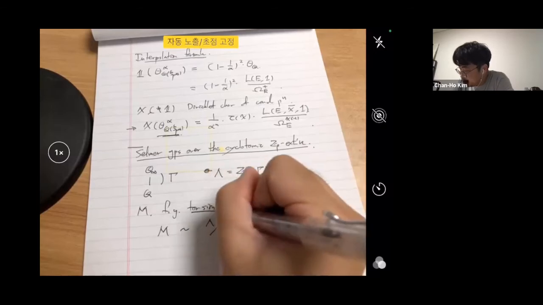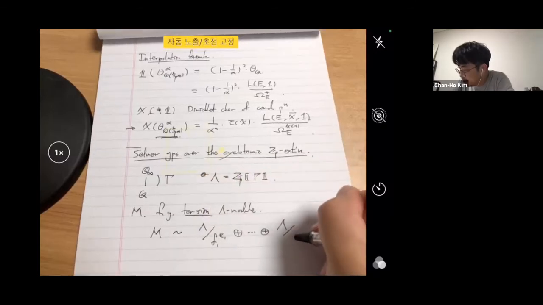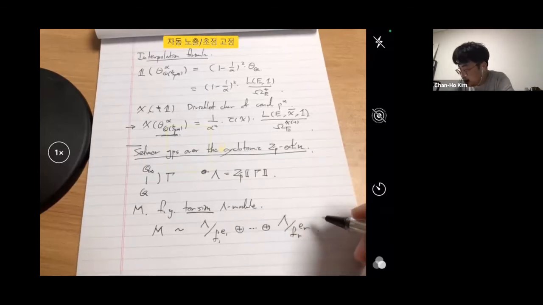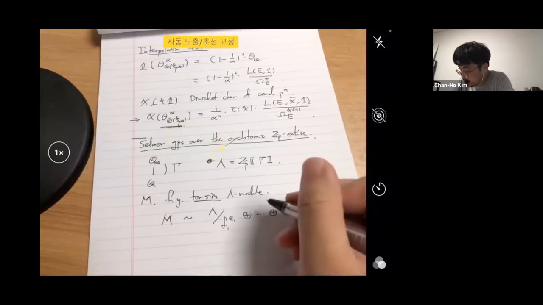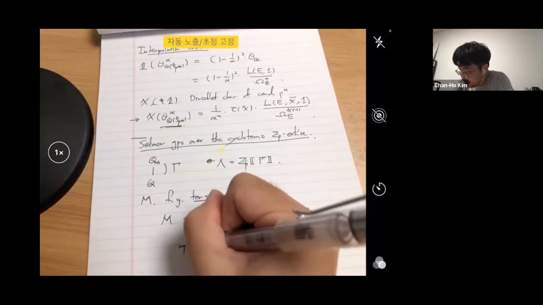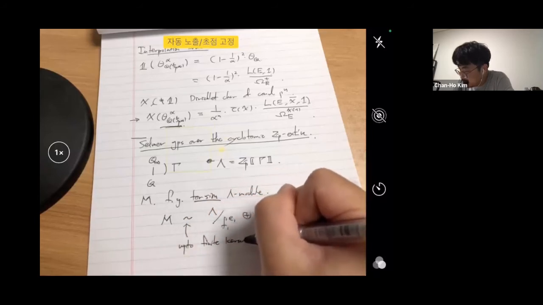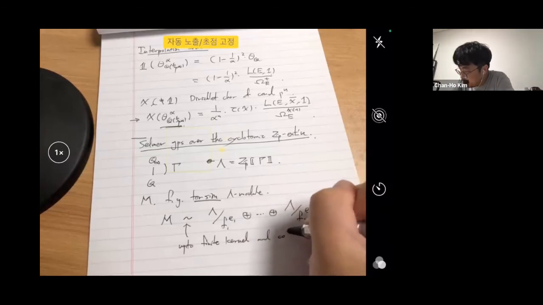Because it is torsion, there is no free part. So I can write it down like this, but we allow finite kernel and cokernel, so this means up to finite kernel and cokernel.